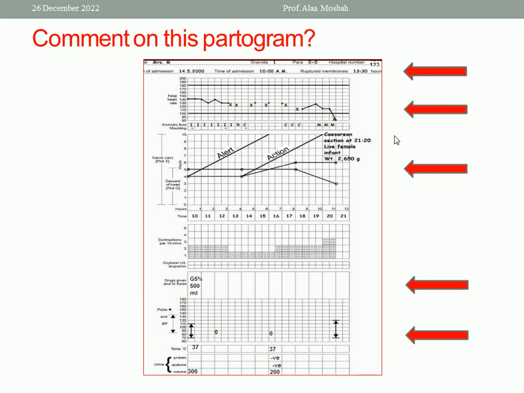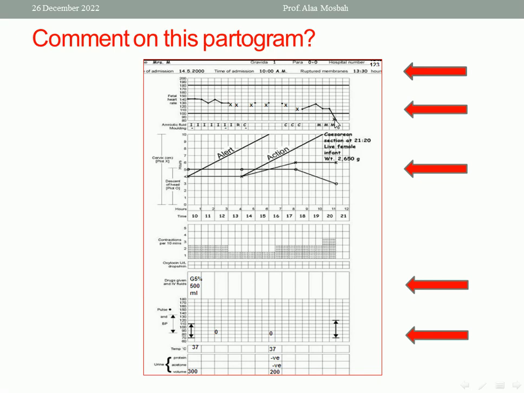But here, as you see, the doctor waited too long to take a decision to do cesarean section, and this is considered false, or not doing well in this case. Also, there is severe bradycardia, so the baby was at risk.